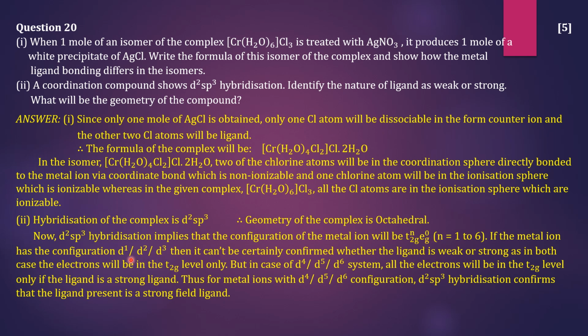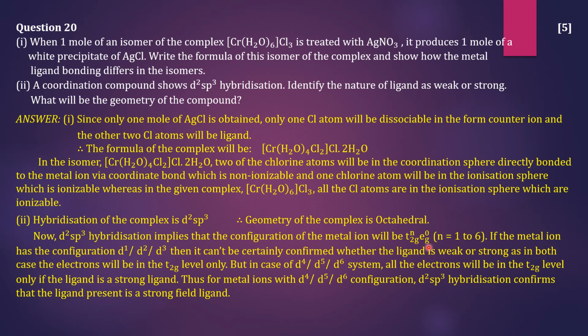So if the metal ion contains only 1 electron or 2 or 3 in the d subshell, it is not possible to certainly say whether the ligand is weak or strong. But if the number of electrons is 4 or 5 or 6, then only in presence of a strong ligand will eg be vacant. The electron from eg will come down to t2g for pairing due to crystal field stabilization.